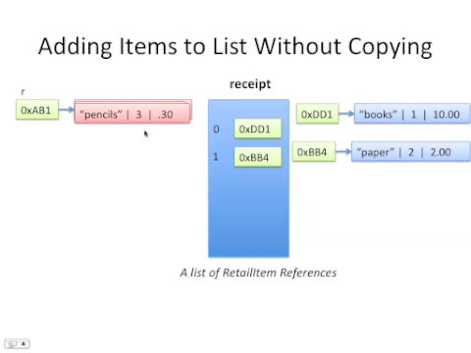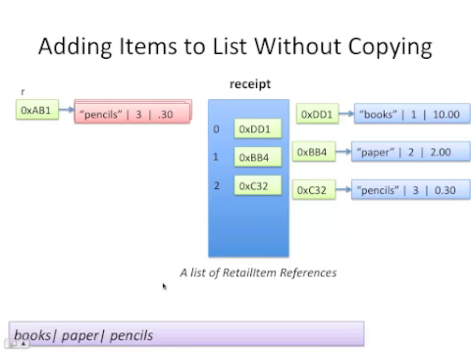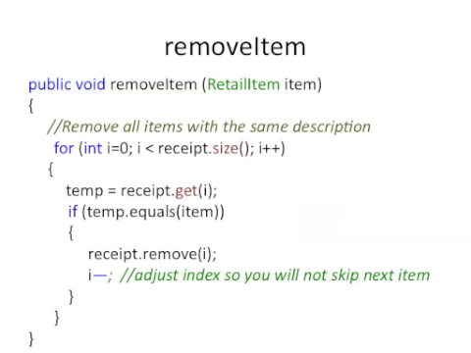And then finally I have pencils 3. I create a copy of pencils 3 inside of the cash register and store that. Now I have books, paper, and pencils. All of them are stored and I can access them.